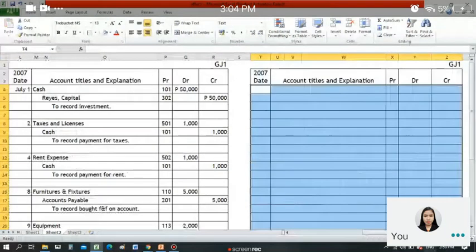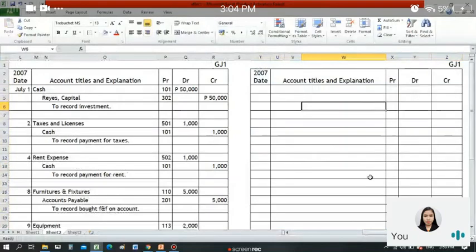Since you will be using another page of general journal, you must write the page as GJ2 because this is your second general journal. Again, this is vacant. Wala pang nakasulat. So you will rewrite the heading or the upper column of the journal, which is the date, account titles and explanation, PR, post reference, debit, and credit.